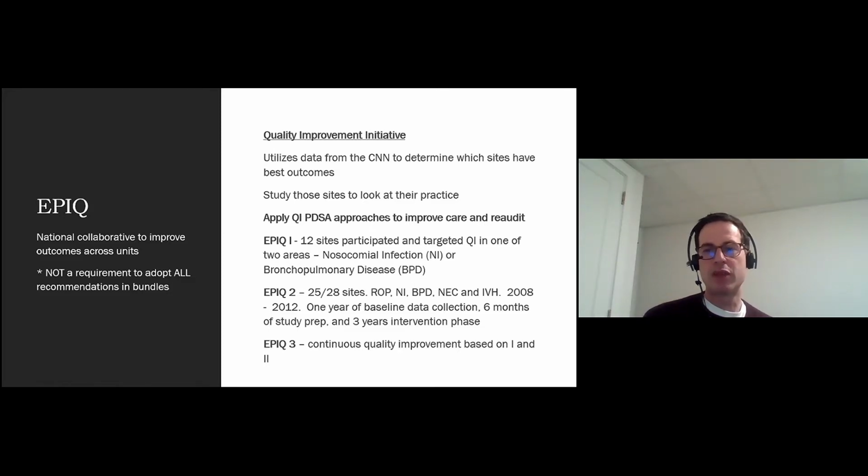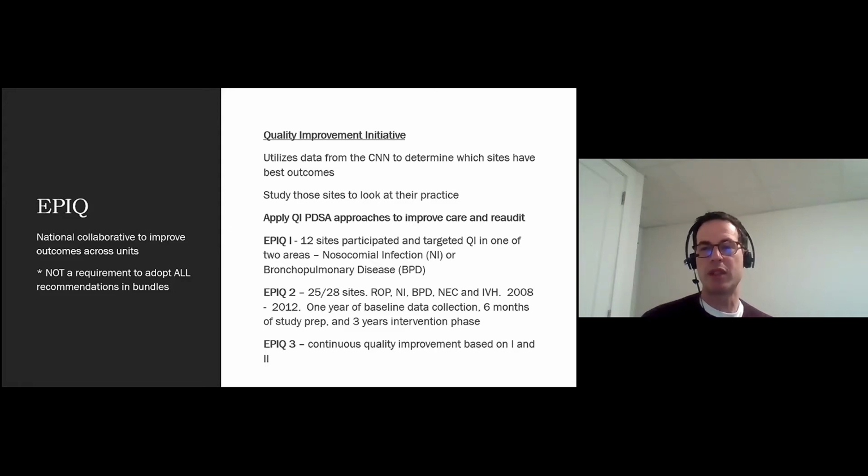One of the challenges with EPIQ, and this is a philosophical question that comes up, is that if you're looking at outcome and you're improving over the years, nobody will question what you're doing. But if you're not seeing an improvement, are you actually applying everything in the bundle?